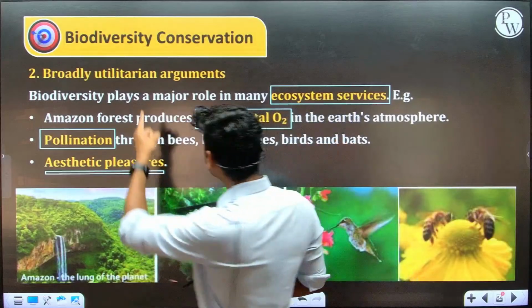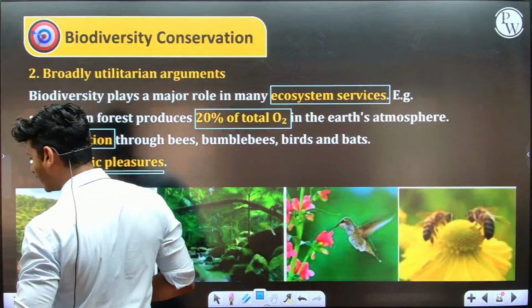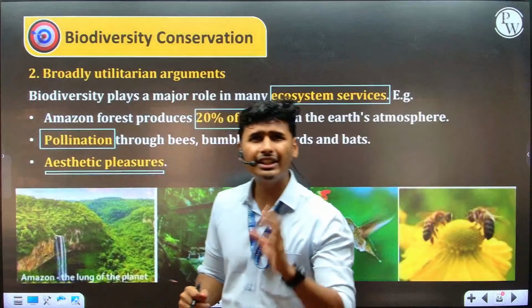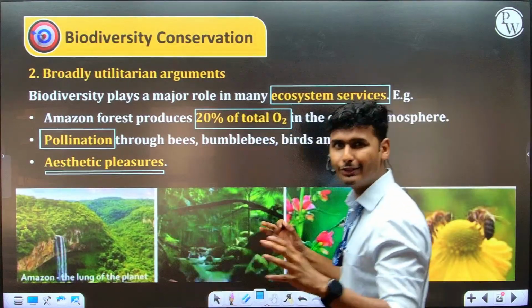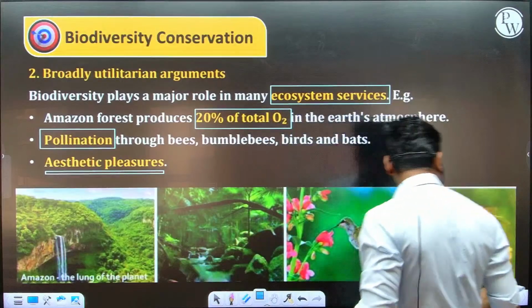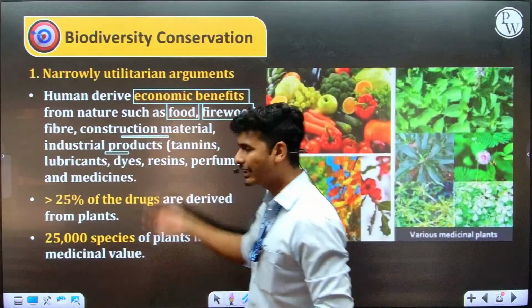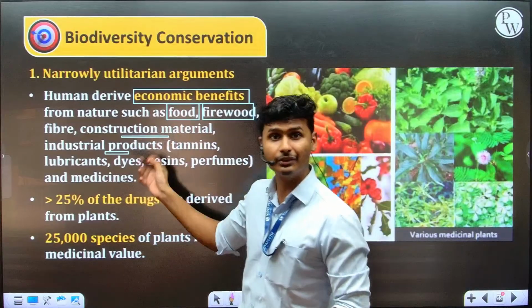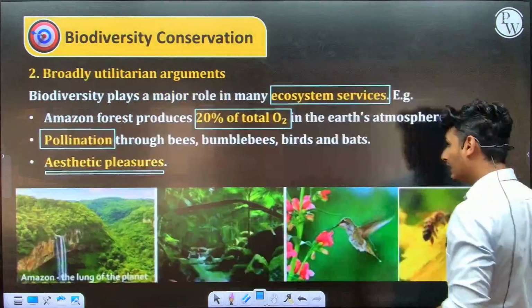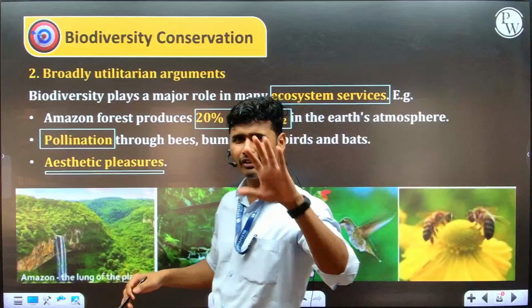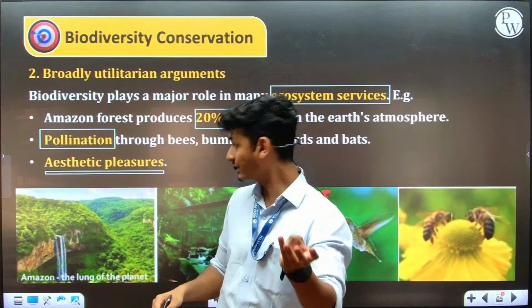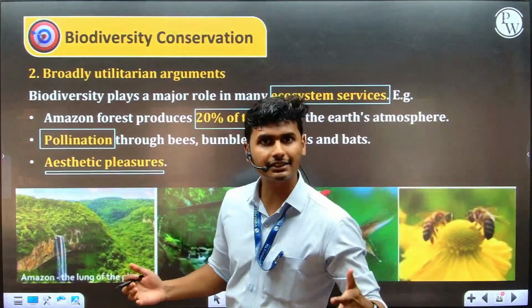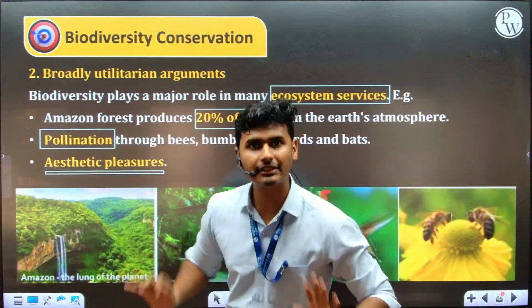This is also known as the broadly utilitarian argument, because we are only thinking about our benefit in that also. But it is not narrow thinking. Narrow thinking is getting benefits like drugs, food and all. Here also we are thinking about ourselves only: good oxygen, economic services, aesthetic pleasure.